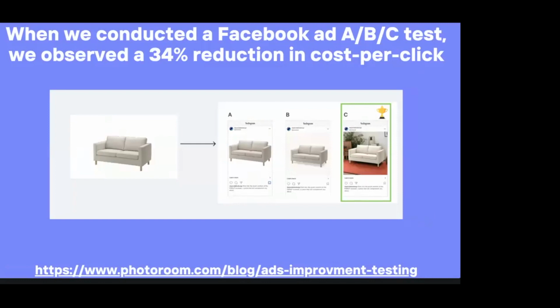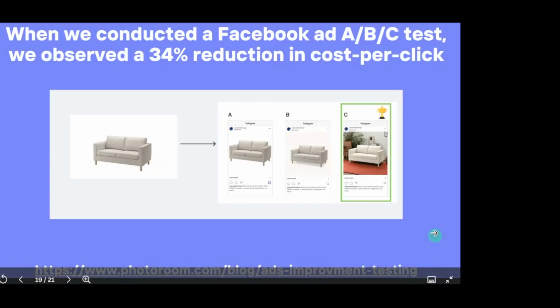We started off with a seed image and used our API to generate multiple images with different backgrounds, to see which would deliver the highest performance in terms of cost per click, as well as click-throughs to the ad. We were able to narrow down on the winning ad image variant, and we have more information on this page that I've linked here.